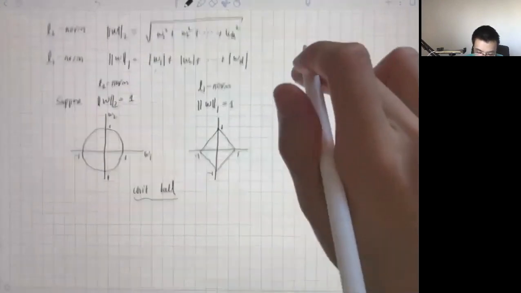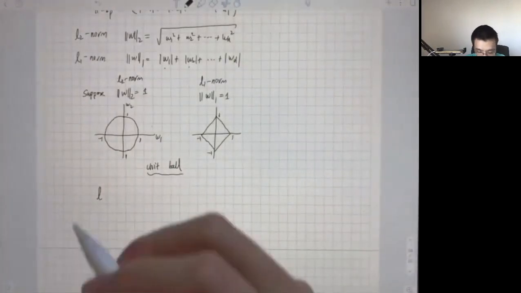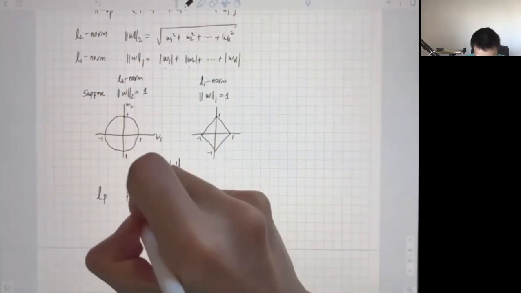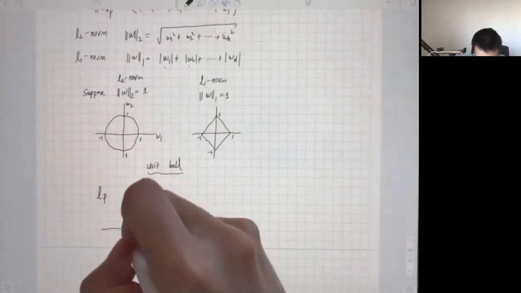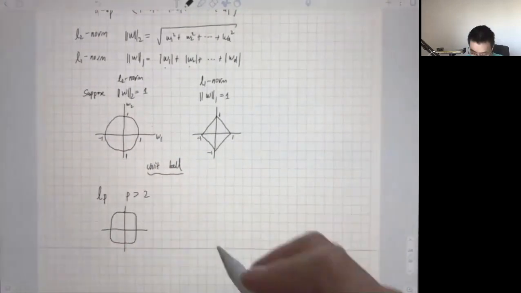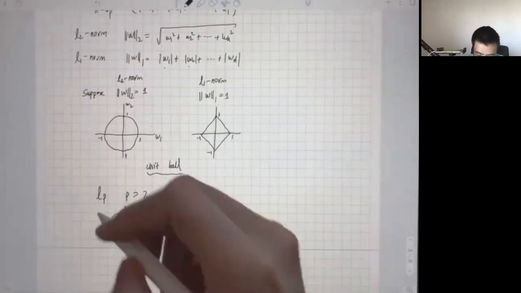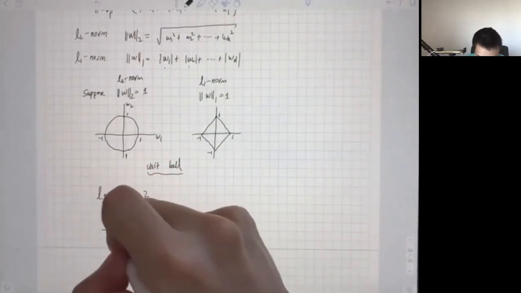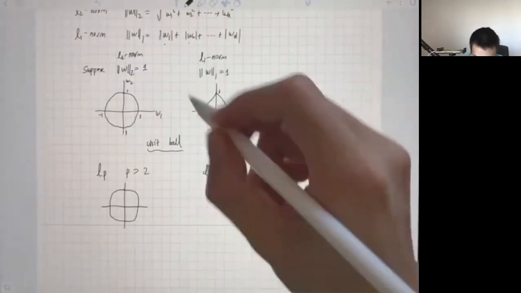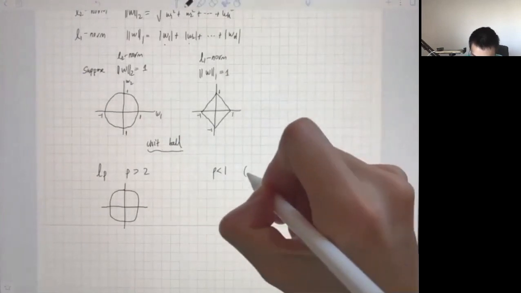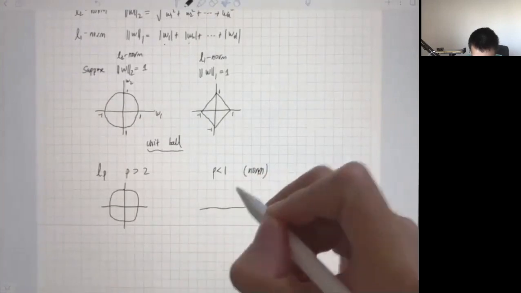And likewise, we can compute, for example, if P is greater than 2, then you have a norm like this. If P is larger, then this is closer to a square. And if P is less than 1, then it's not a norm because it doesn't satisfy some of the constraints for a norm.